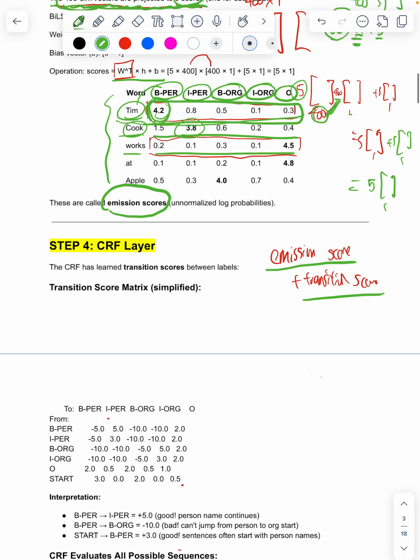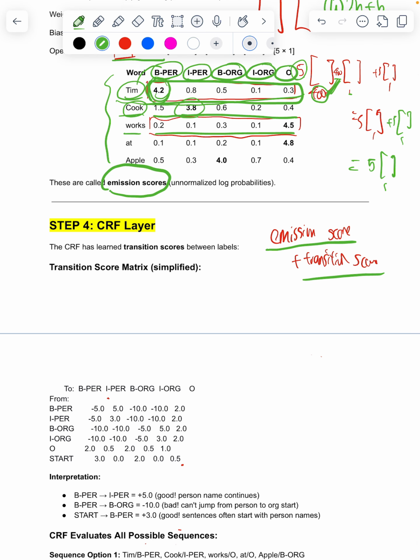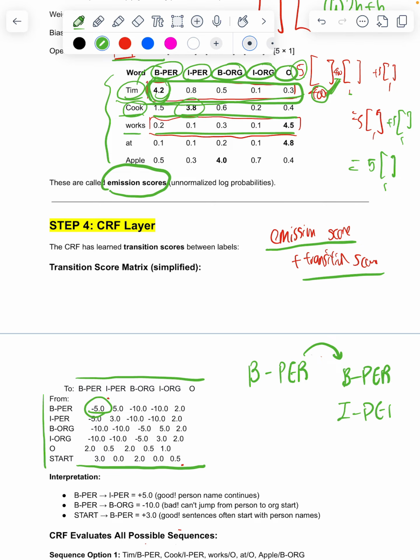The transition score is also information, like B-PER, I-PER, B-ORG, etc., and start. All of this is initialized randomly, but it conveys information about the chances of going from B-PER to B-PER, for example. It would be -5 because it's unlikely, but for I-PER it's 5.0 because that is quite likely.